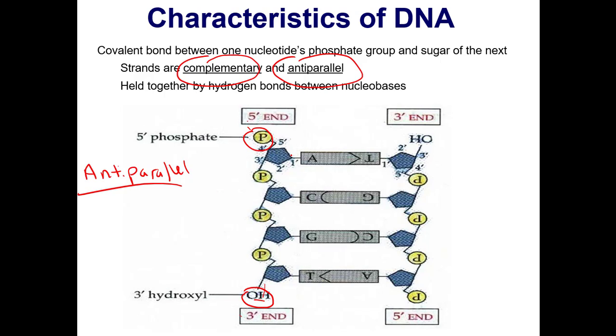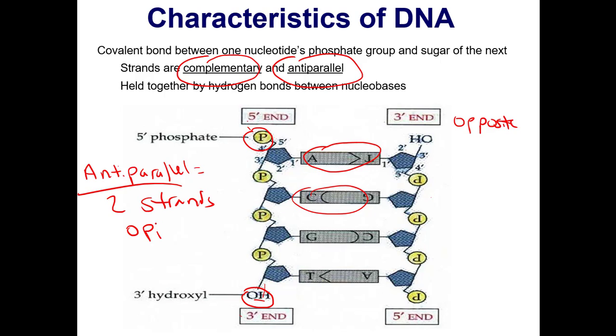Now when two strands come together here, you see this complementary base pairing, and the second strand is going to be in the opposite direction of the first. And this is what anti-parallel means. It means the two strands are opposite of each other.